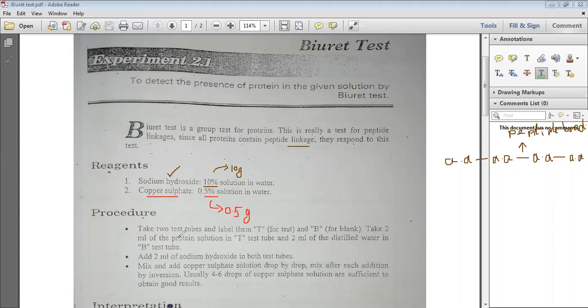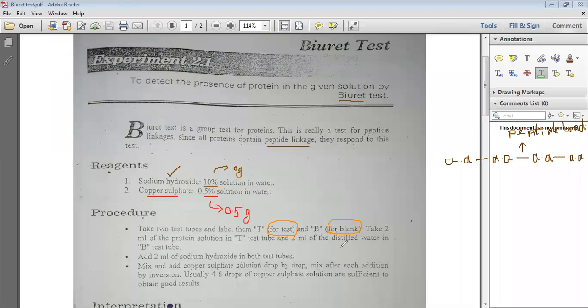Then what is the procedure for this experiment? First of all, take two test tubes, label them as T. T stands for test. One test tube you will label as T, and the other test tube you will label as B. B for blank. In the test tube labeled as blank, you will not add the sample solution.